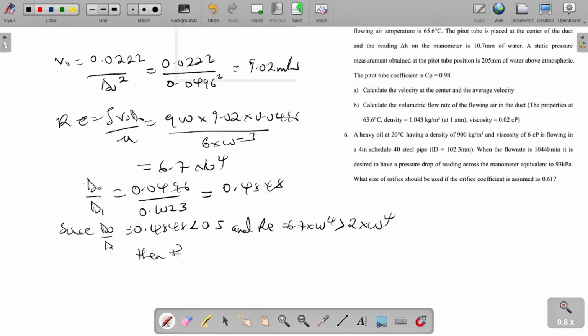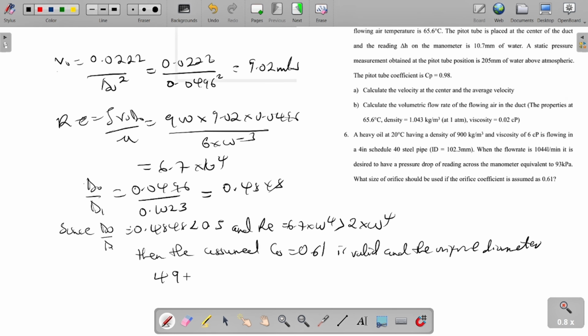then the assumed C naught, which is 0.61, is actually valid, right? The orifice diameter should be 49.6 millimeters, which is approximately 50.0 millimeters, right?